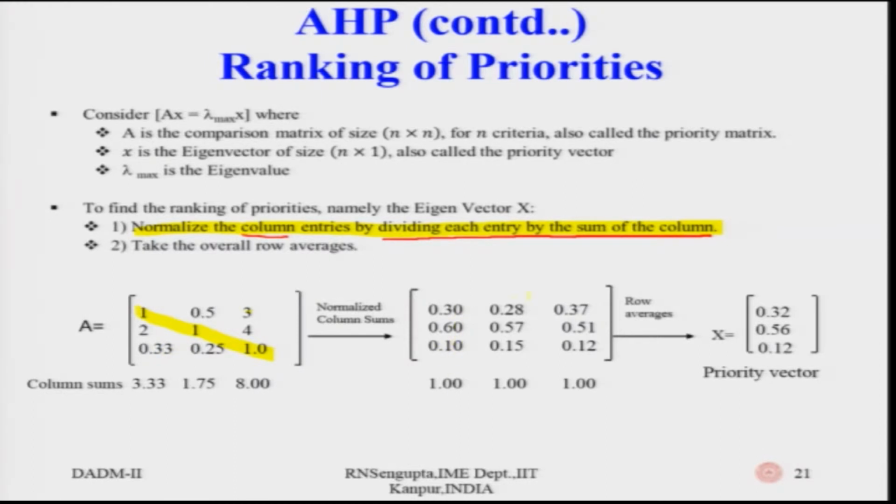So, the values which come out when you normalize them, I am only reading the values. So, let me make it here.